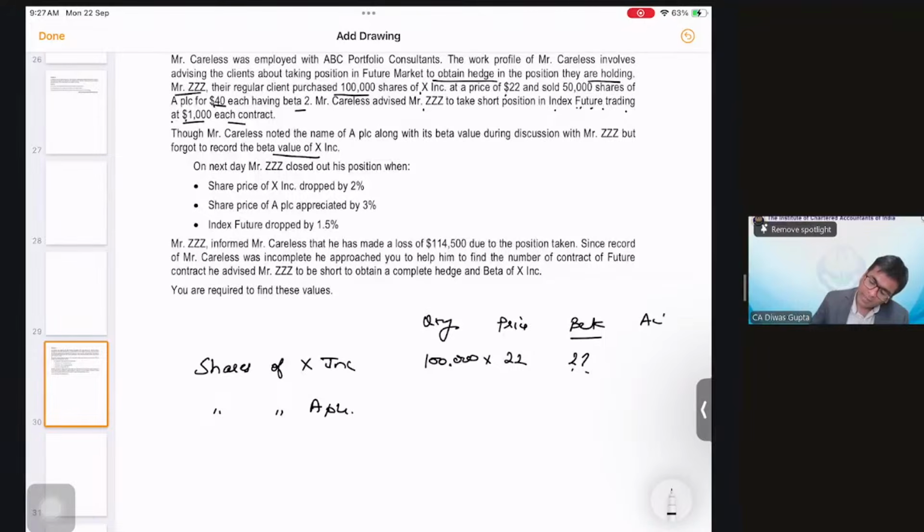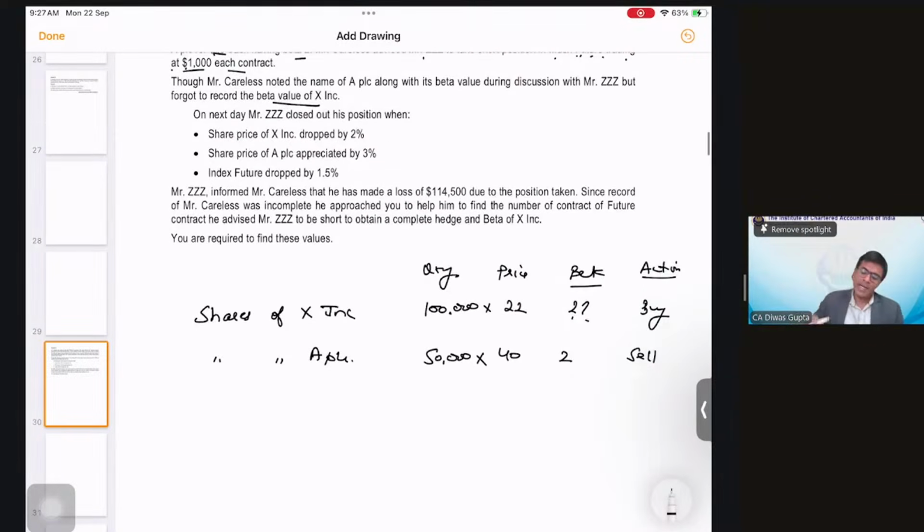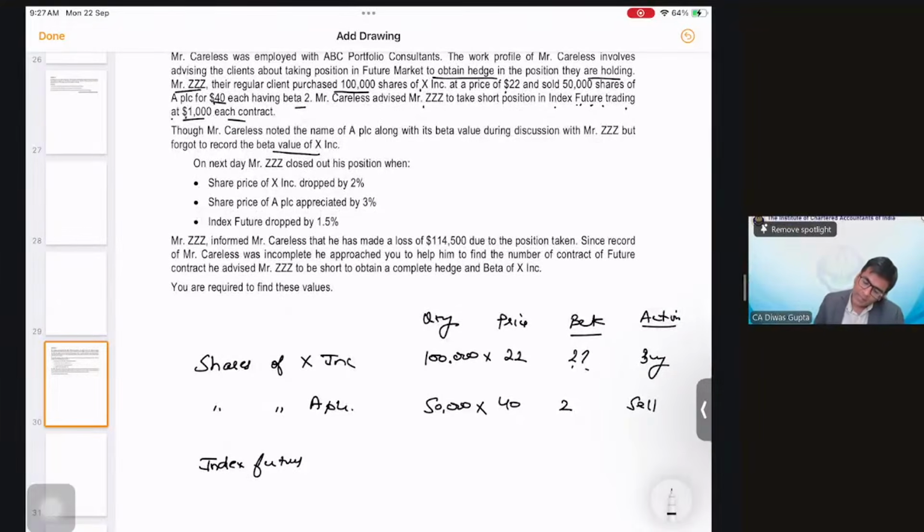Let me also put action here. It is buy. Now for APLC, how many shares? 50,000 shares for 40 each, beta as 2, but they have been sold here. So there is a selling position here. And lastly, index futures. $1,000 each contract. So the quantity is unknown as of now.